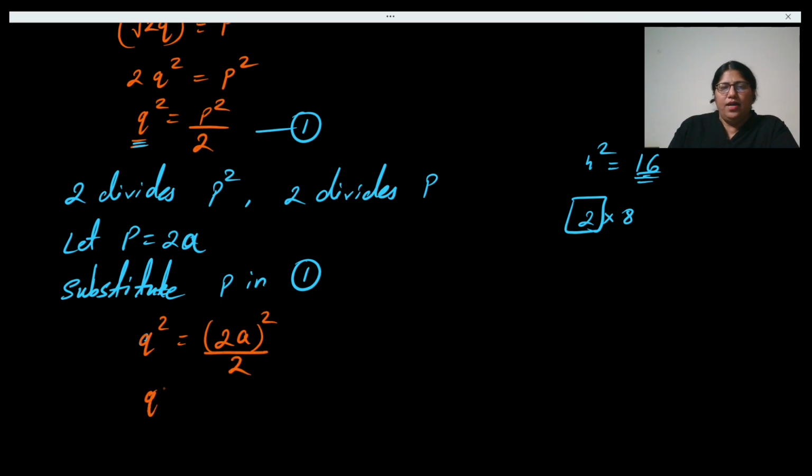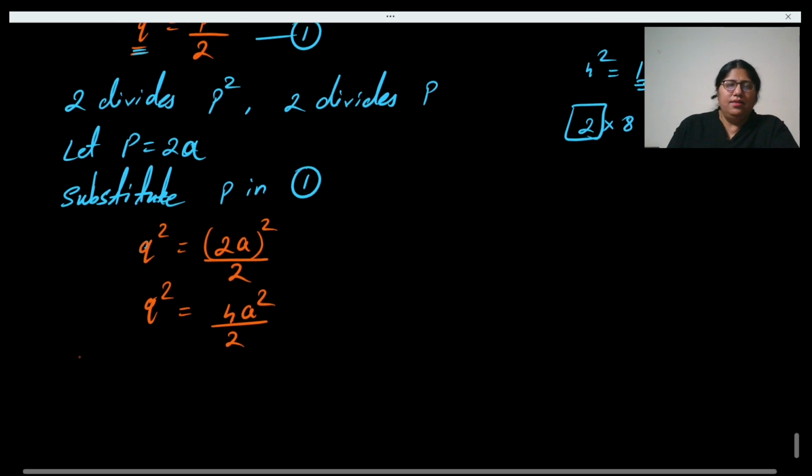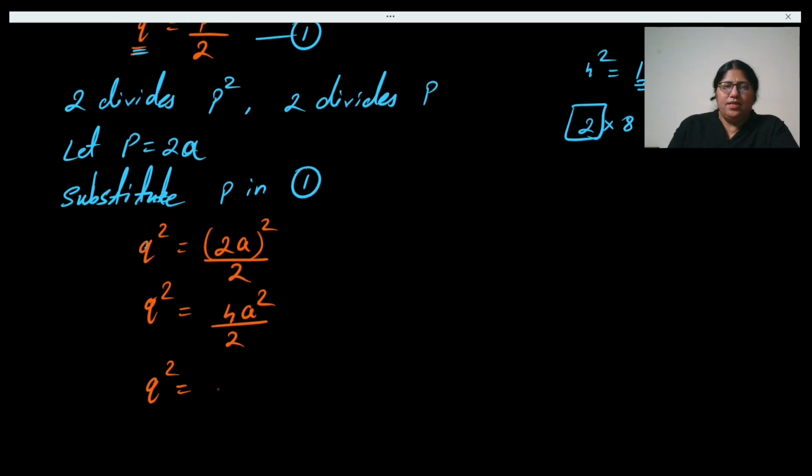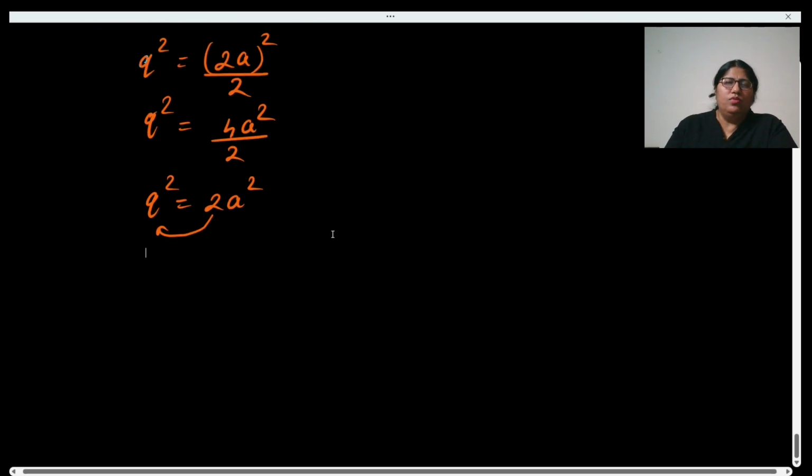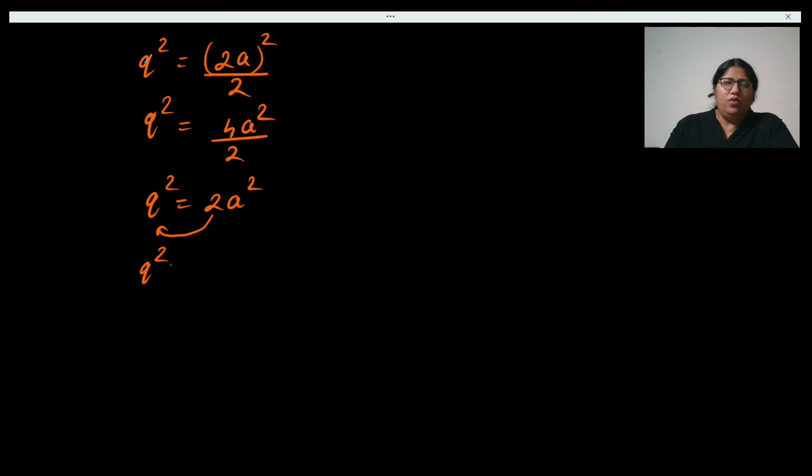So q squared is equal to 4a squared by 2, and you will get q squared is equal to 2a squared. Now the same thing, you will divide q squared by 2, which is a squared.